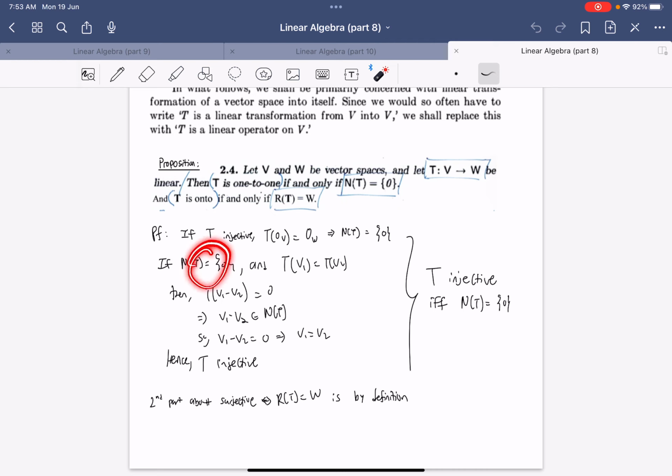And if the null space is the zero space, then if you take T v1 equals T v2, you just need to bring it over and it will be T(v1 minus v2) equals 0. So v1 minus v2 is in the null space, which means it has to be 0, which implies that v1 equals v2, hence T is injective if and only if the null space is the zero space.